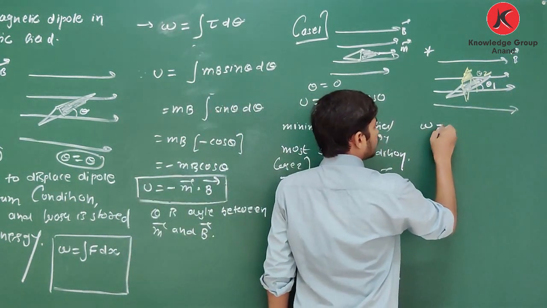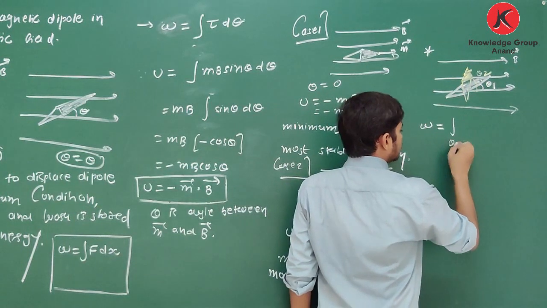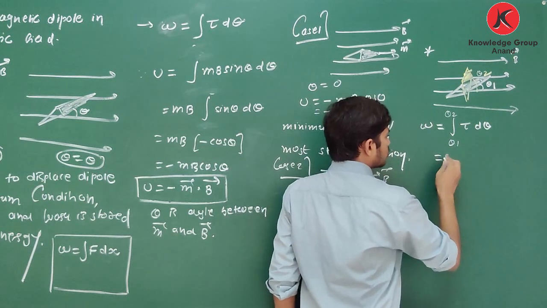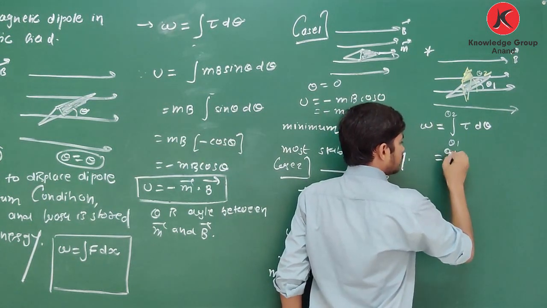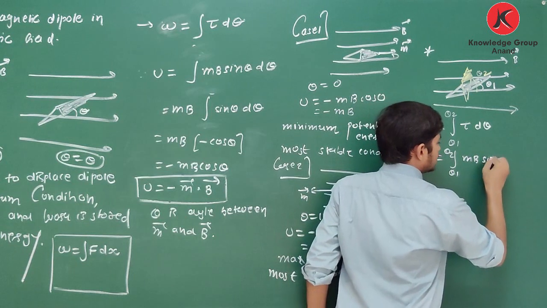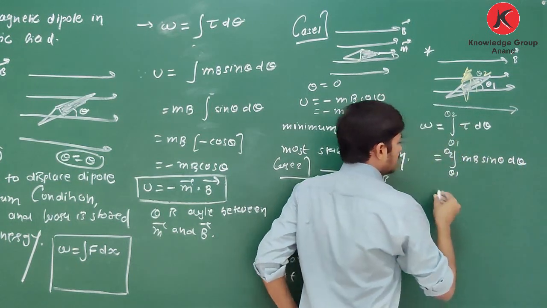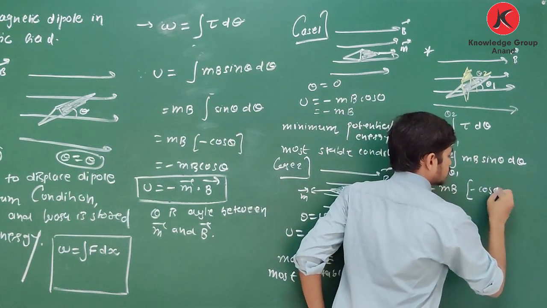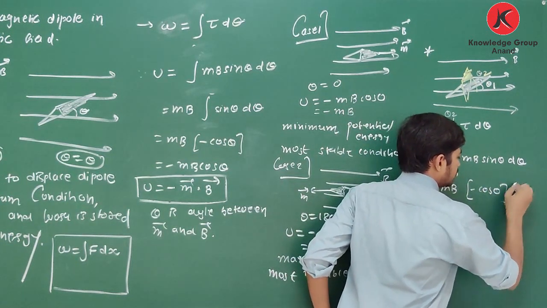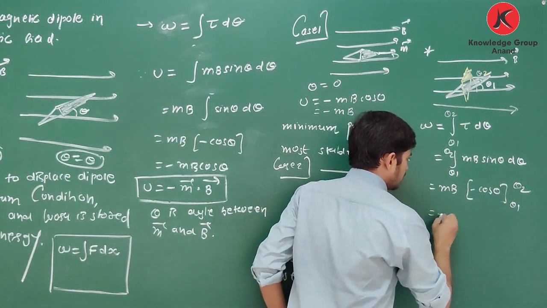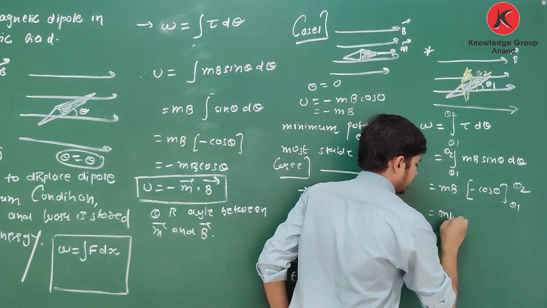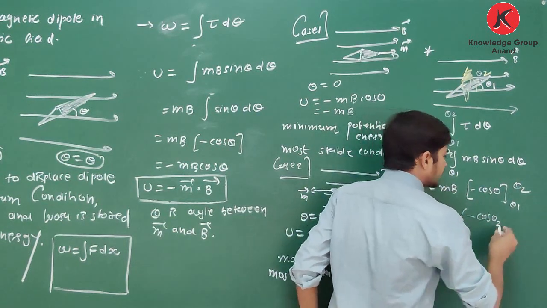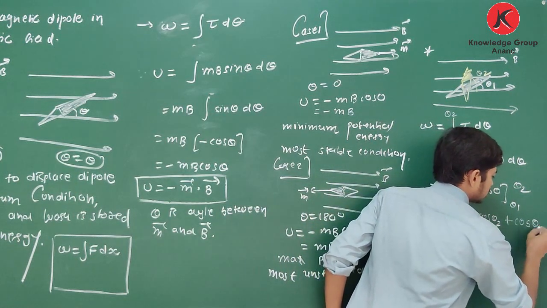Then work is equal to the integration from theta 1 to theta 2 of tau d theta, which is equal to the integration from theta 1 to theta 2 of MB sin theta d theta. MB is constant. What is the integration of sin theta? Minus cos theta, with limit from theta 1 to theta 2. So it is MB times minus cos theta 2 minus, it will become plus, cos theta 1.